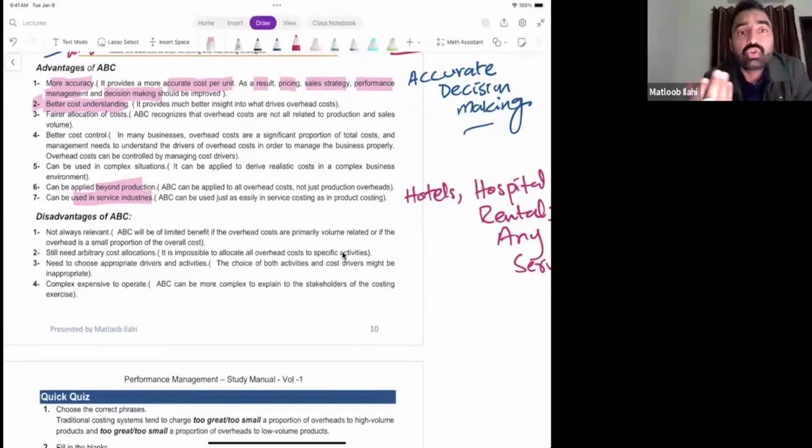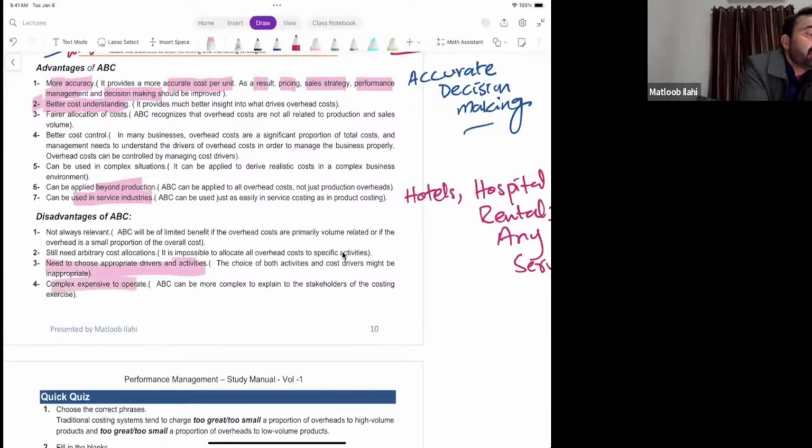Three, need to choose appropriate drivers and activities. Yes. If appropriate drivers are not chosen, the whole base would be inaccurate. So make sure you choose the right appropriate drivers and activities. And number four, complex and expensive to operate.